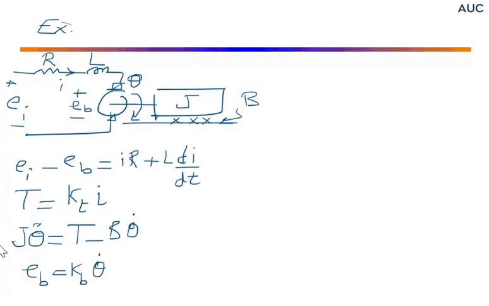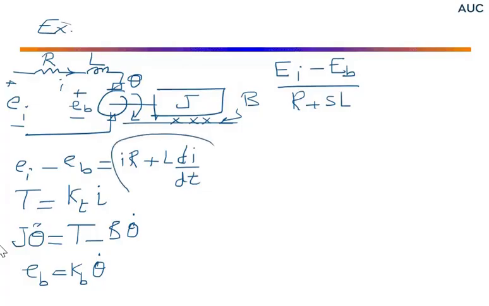So if we apply the Laplace transform to these equations, we will get Ei minus Eb divided by R plus sL. So that would be the Laplace transform of the right hand side of the equation.